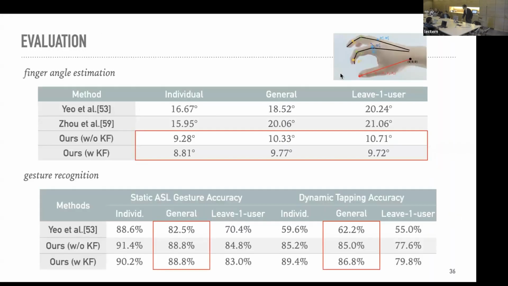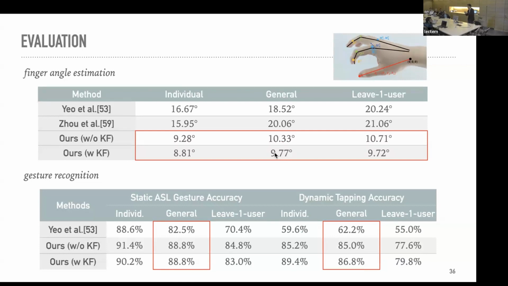Okay, this is a variation of our results. As for finger angle estimation, this is the joint angle error of our system.